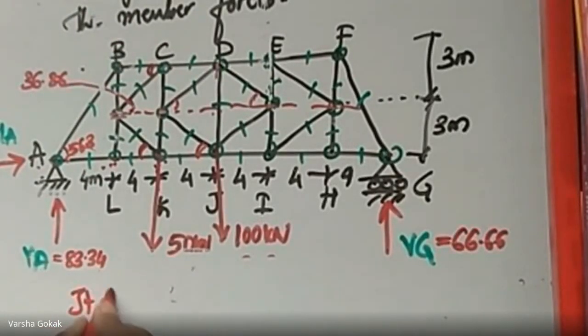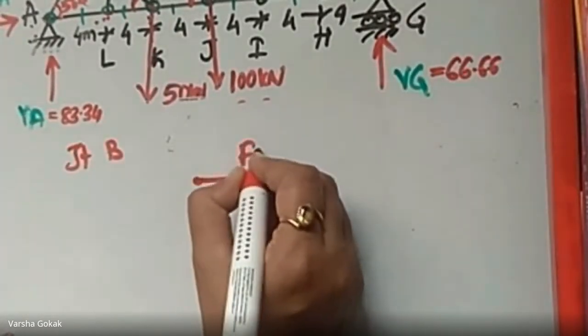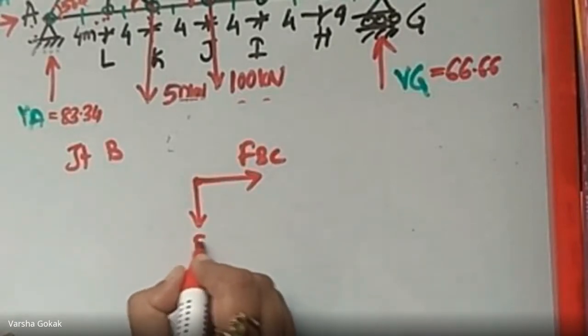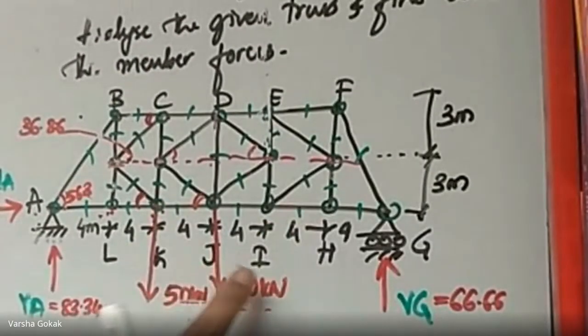Okay. Joint B. I will draw the joint diagram. This is B. So from here I have FBC, and downward FB. The mid joint names are not given. We have not named them, no? So our naming stopped at this point.